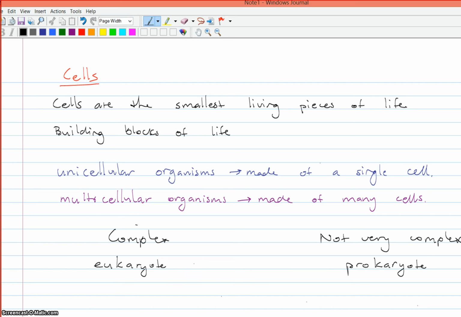Prokaryote cells are very, very simple. Okay, they're probably one of the first ones to appear on the planet. And when we talk about cell parts, we'll see that prokaryote cells have limited organelles, and they don't have what's called a nucleus, which is quite important for cells to function.